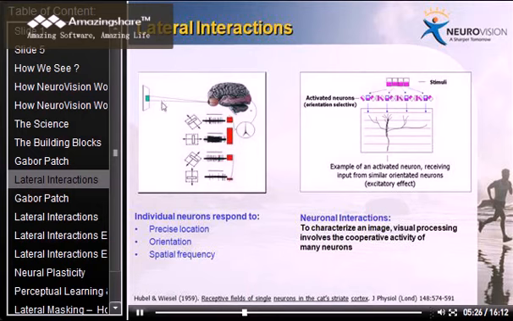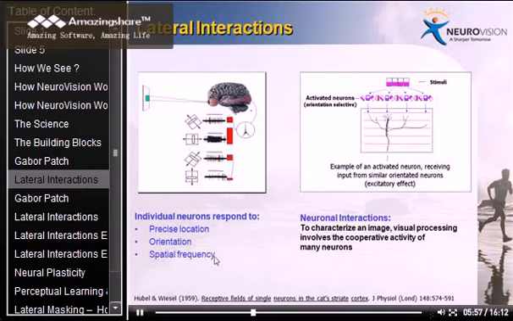What you can see here on the left side is that those individual neurons are actually filtering precise location, orientation, and spatial frequencies. So different Gabor patches that are located in different places around us may have different orientations. Some may be vertical, some may be diagonal, some may be horizontal, or have different spatial frequencies.